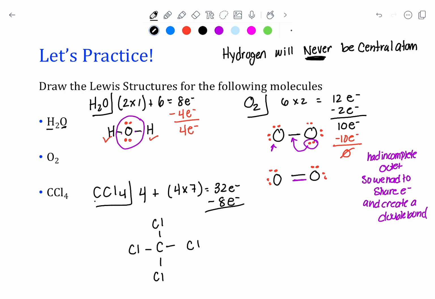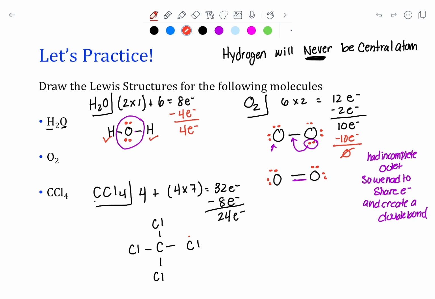So after making bonds, I have 24 electrons left. So my next step says to take any remaining electrons and place them on my surrounding atoms to complete octets. We can see that each of our chlorines only has 2 electrons, so they all need an additional 6 electrons to complete their octets. So let's see if we have enough electrons to do that.